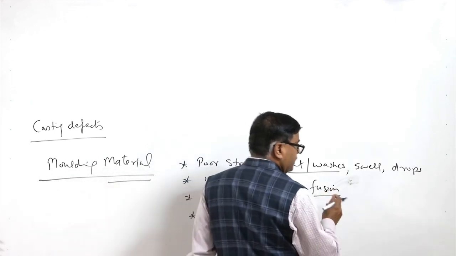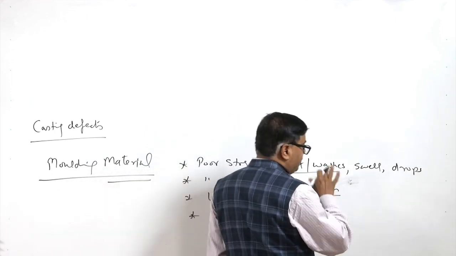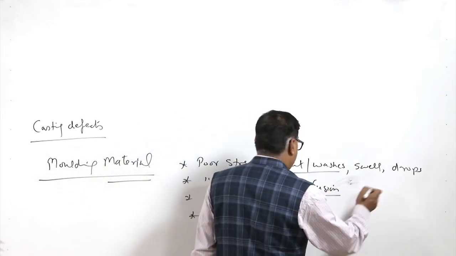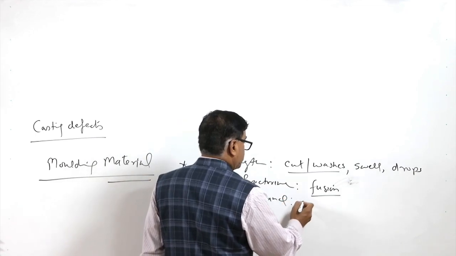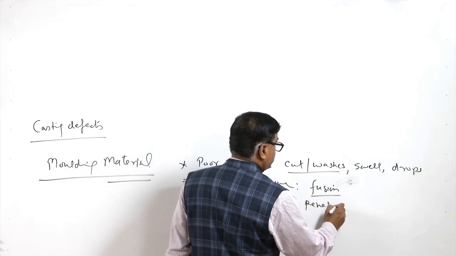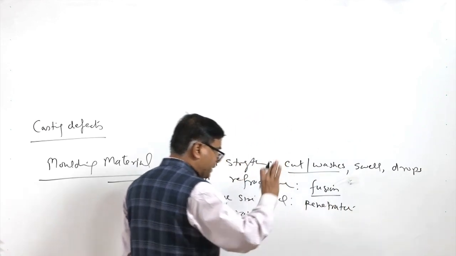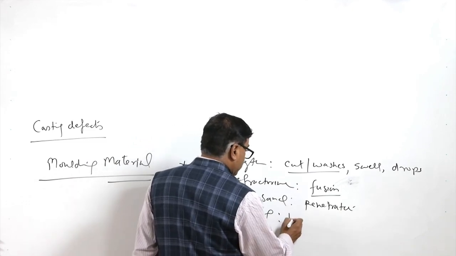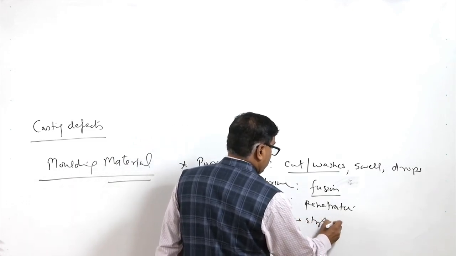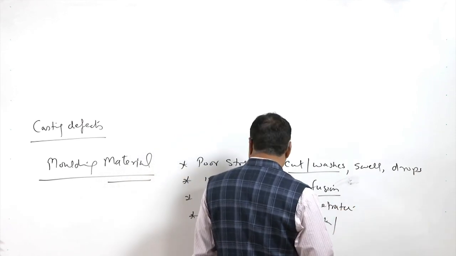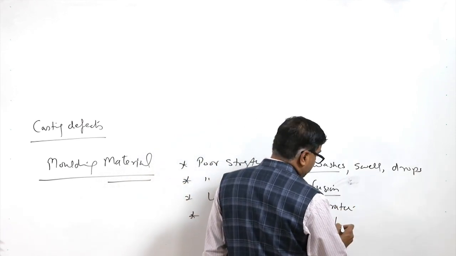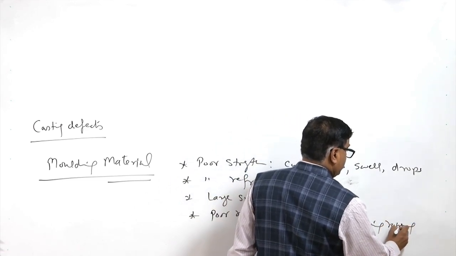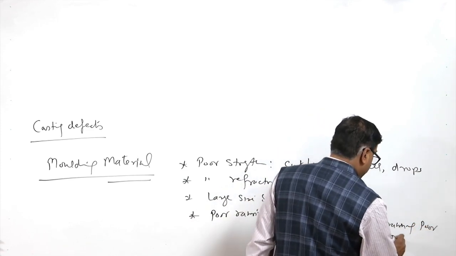So, in this case the molding sand wall fuses with the molten metal and forms part of the casting. Large coarse sand causes the defect of penetration, where thin metal will enter between the spaces of the coarse grains, and poor ramming leads to either low strength, so the drops and the cuts and washes, or excessive ramming leads to poor permeability.